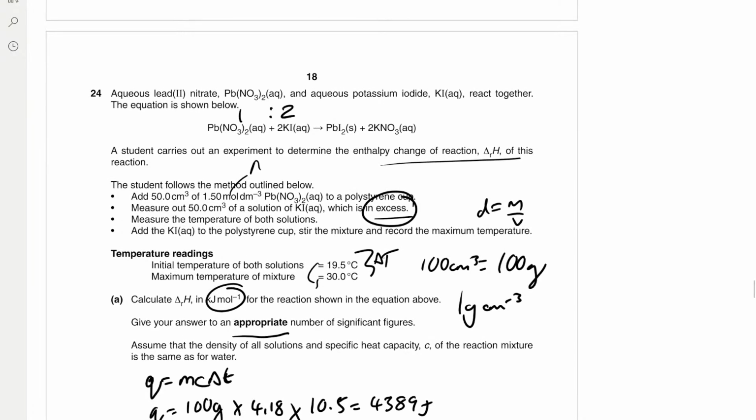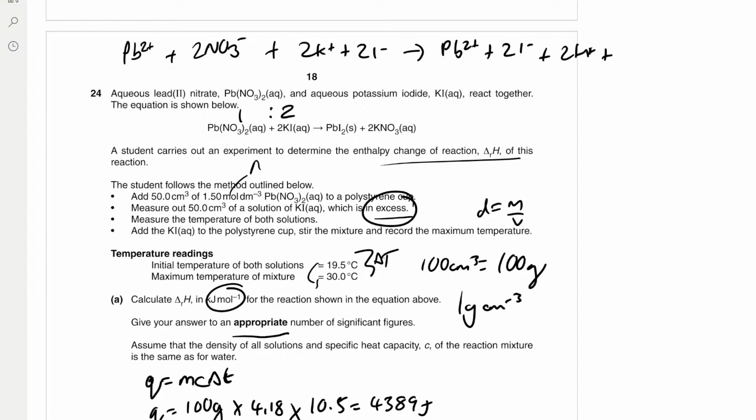So Pb2+, I'll write it up here, and because the full equation is up here, Pb2+ plus 2NO3- plus 2K+ plus 2I- goes to PbI2 plus 2K+ and 2NO3-.